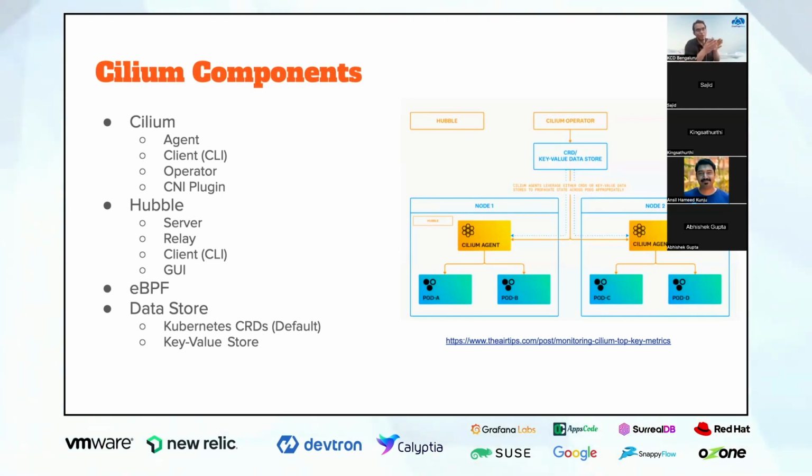For example, if you have an app running on node 1 and an app running on node 2, and you want to see that when traffic goes from A to B, A is forwarding and B is dropping it, then to get that kind of picture you require the Hubble relay, which is on top of the entire cluster.